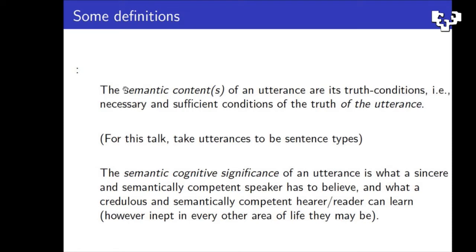That's just how I'm using the term, these are definitions, i.e. necessary and sufficient conditions of the truth of the utterance. And I like to say utterances because I like thinking about indexicality and stuff, but actually for this talk, just sentences, because Frege's Begriffsschrift and On Sense and Reference don't contain any attention to context sensitivity.